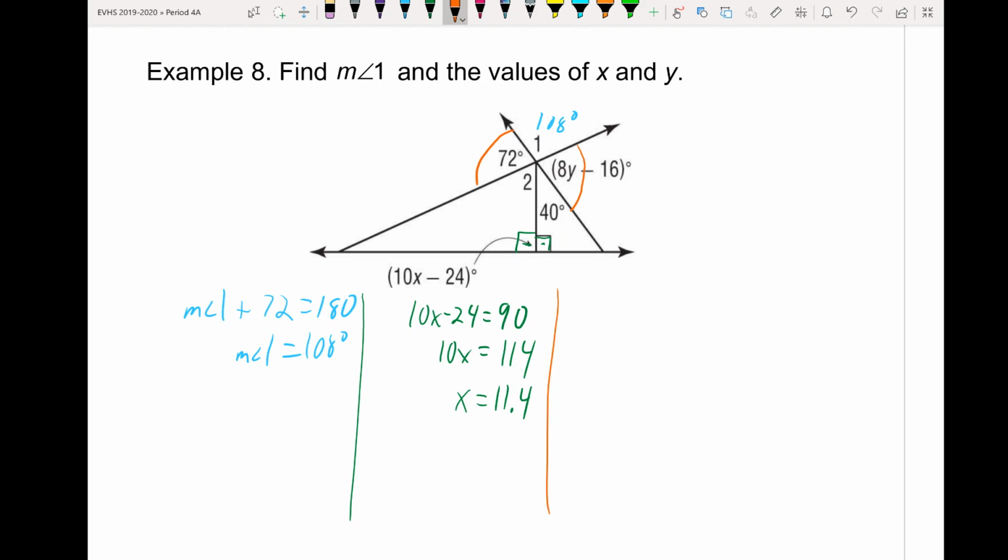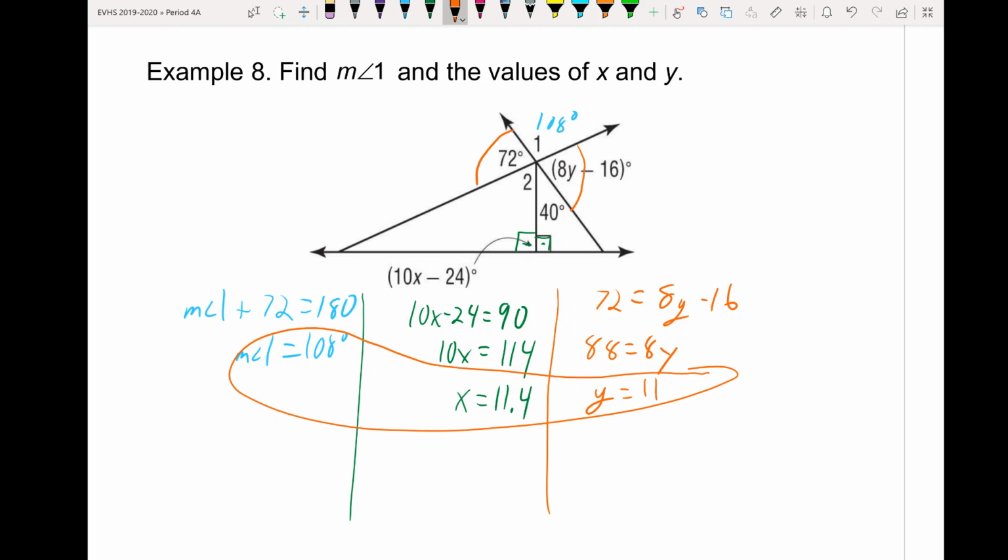This is one that I need you to know. They are equal. Thank you. Equal. So 72 equals 8y minus 16. Adding 16 to both sides gives me 88 equals 8y. Therefore, y equals 11. There's my three answers.